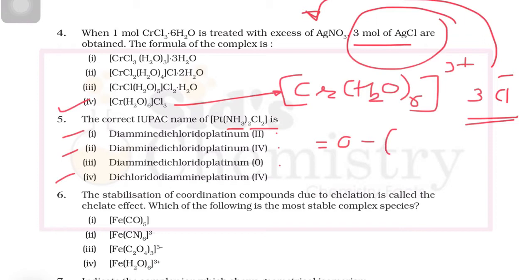So the charge of the amine will be 0, but the charge of Cl is -1. There are a total of 2 chlorines present, and therefore the total charge will be -2, and therefore the oxidation number will become +2, and the correct answer is option number 1, that is diamminedichloridoplatinum(II).